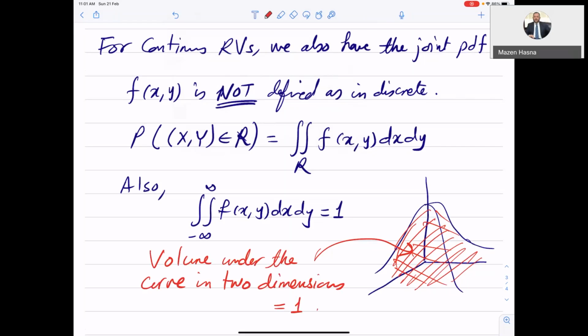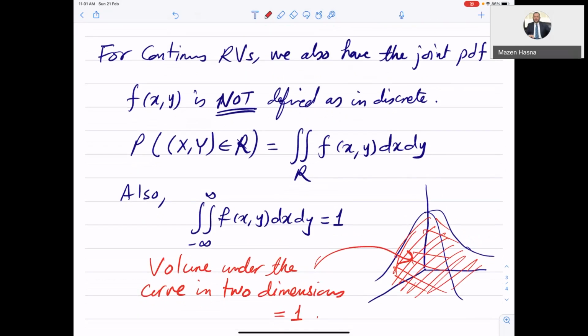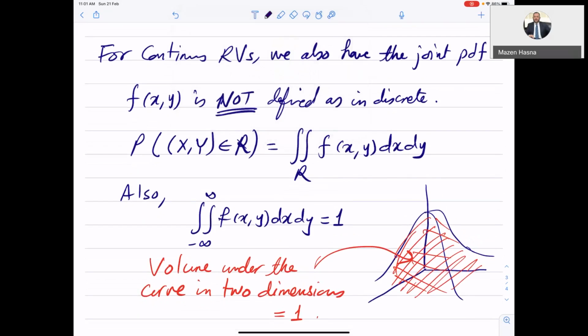So in the continuous random variables, we'll have a 2-dimensional curve that has a volume of 1 underneath, and it's always positive. So we should have written this, that f of x and y is greater than or equal to 0.